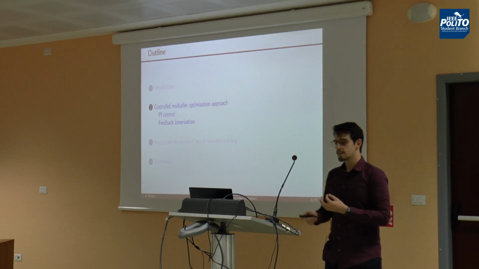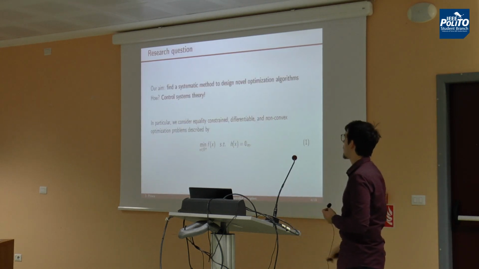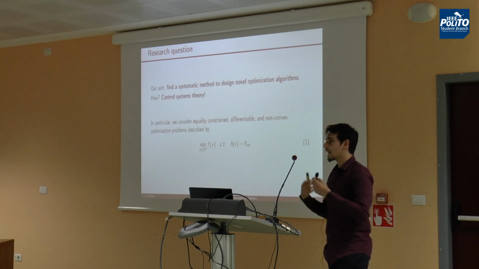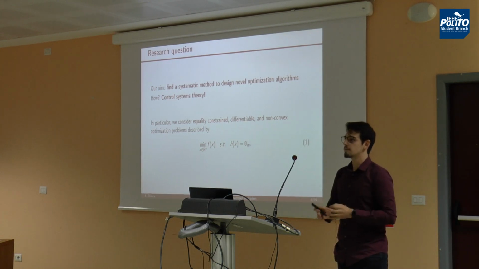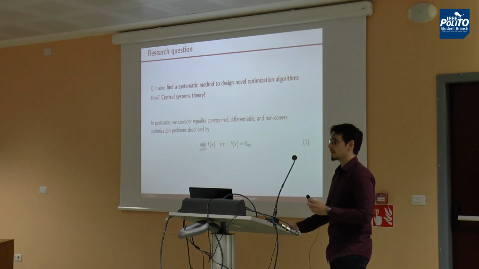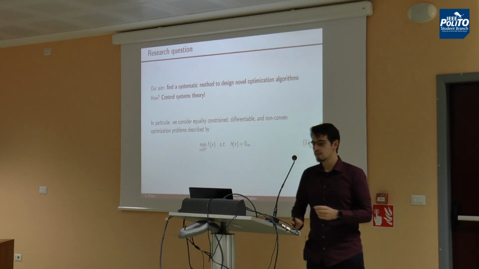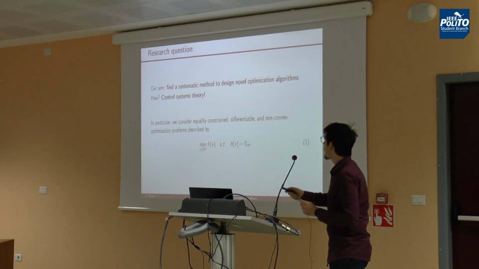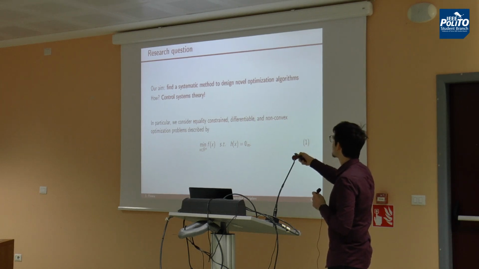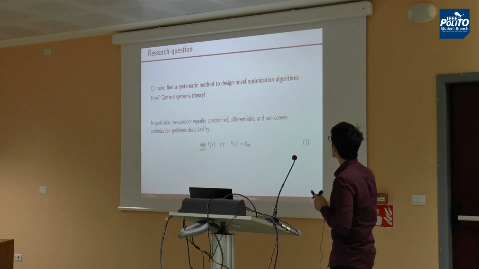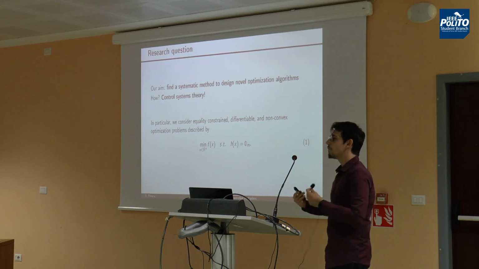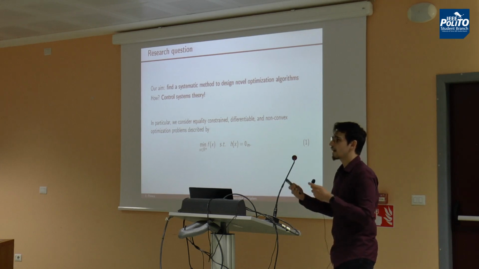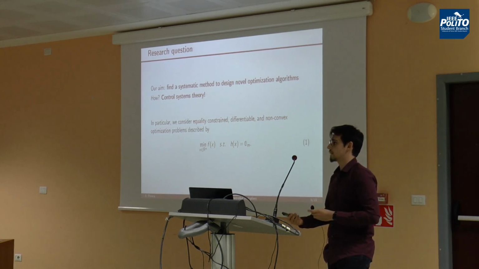So, what is the objective of our work? Instead of analyzing some given optimization algorithm using dynamical systems, we would like to set ourselves in the same framework, but rather find some systematic method in order to design new optimization algorithms which solve a particular class of problems of our interest.